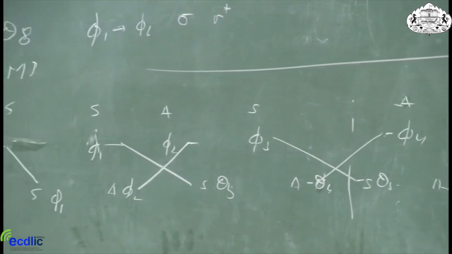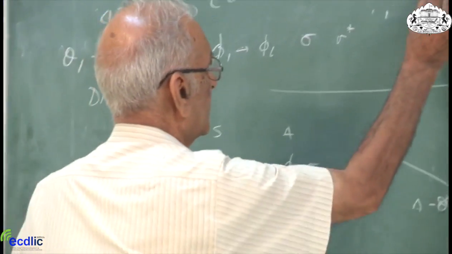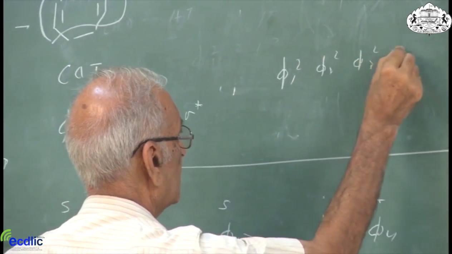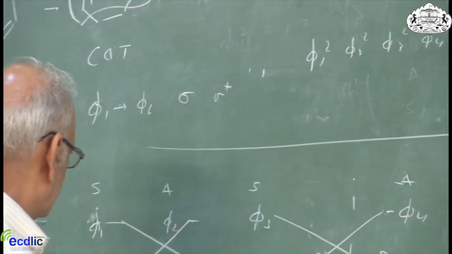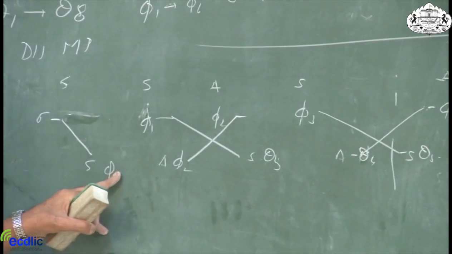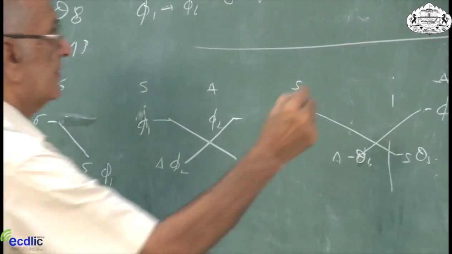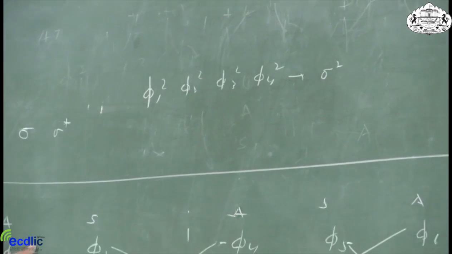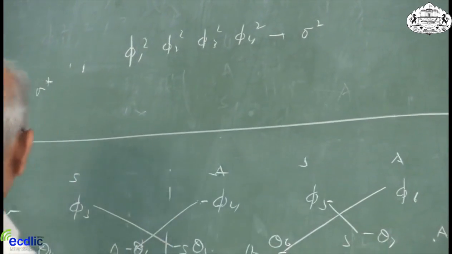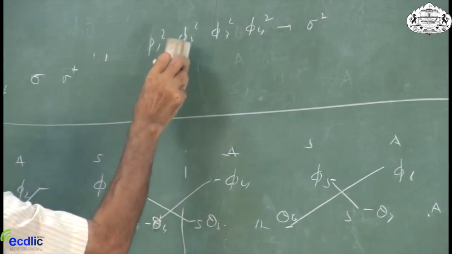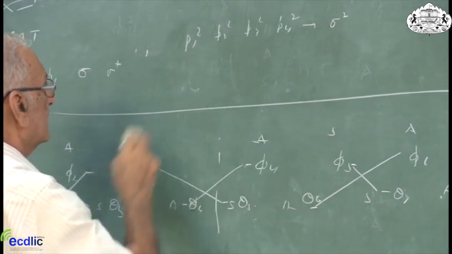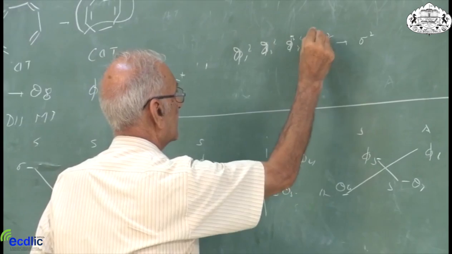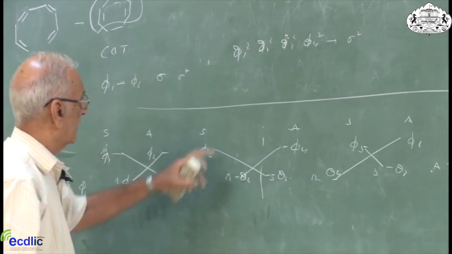All right. We will look only at phi 1 2, phi 2 2, phi 3 2, phi 4 2. Phi 1 2 goes into sigma. Phi 2 2 goes into, we should make this theta 1, sorry. Theta 1, theta 2, theta 3, theta 4. Okay.